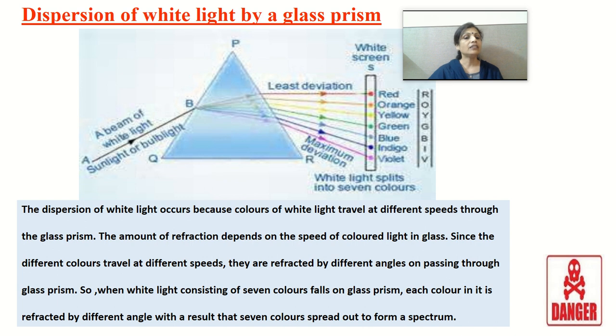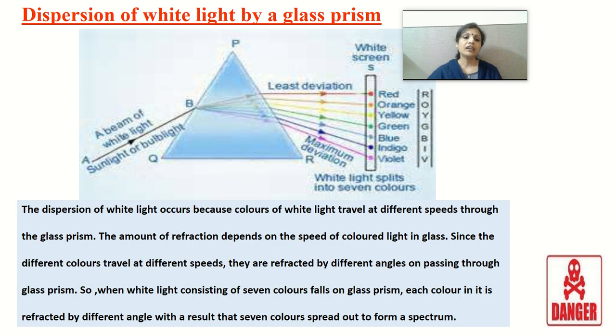Now the red color has maximum speed in the glass prism, and so red color is deviated the least. The color which travels with maximum speed through the glass prism is deviated the least, meaning red has maximum speed. Due to this, the red color forms the upper part of the spectrum.